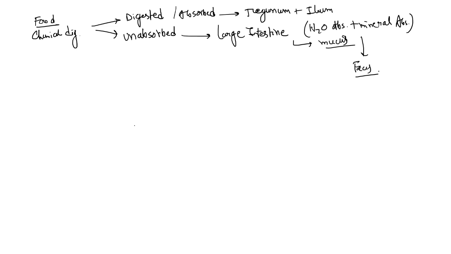Feces can enter the cecum of the large intestine. Remember that there is a valve present between the small intestine and the cecum of the large intestine, known as the ileocecal valve.